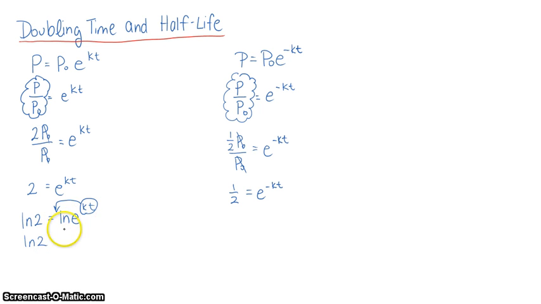And ln of e just becomes 1, so we're left with just kt. Same thing here, we'll have ln of a half is equal to negative kt. If we isolate for t, we divide by k on both sides, so t by itself is going to be ln of 2 over k, whatever our constant was for this doubling equation, and this is considered our doubling time.